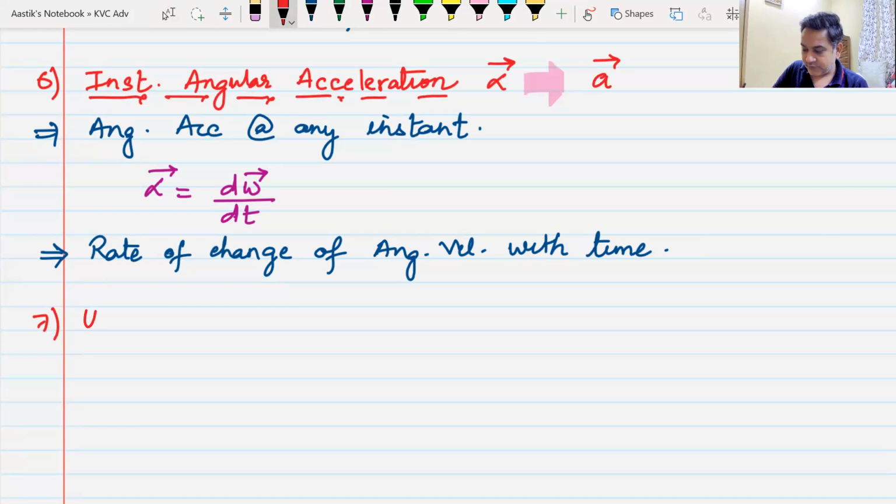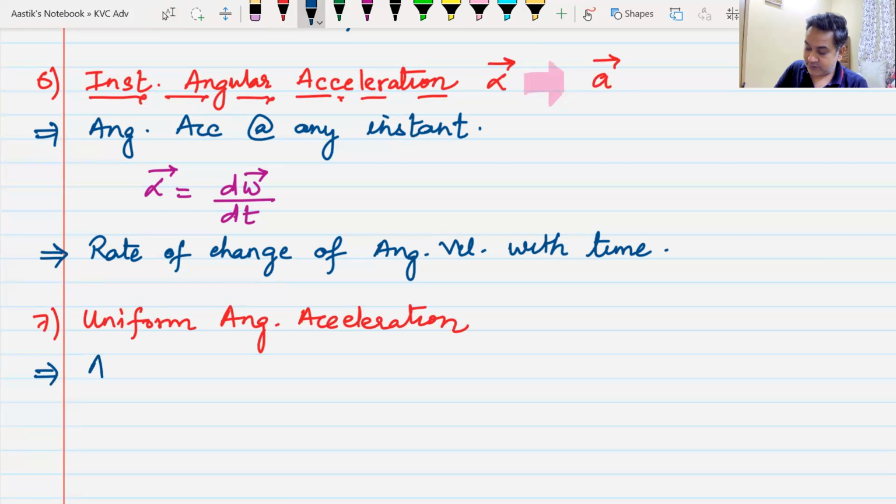Do you understand this? Yes, sir. Then you can write uniform angular acceleration. When do we say a body is moving with uniform angular acceleration? Then angular acceleration will remain constant, the same.